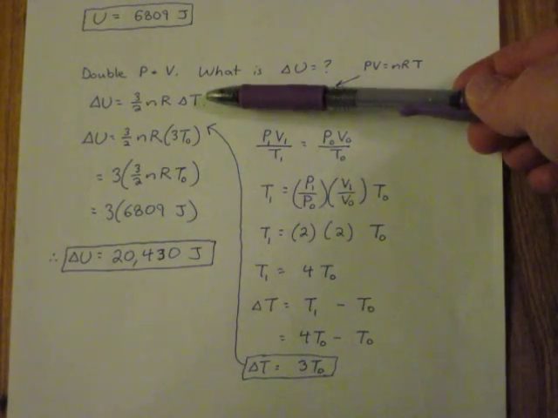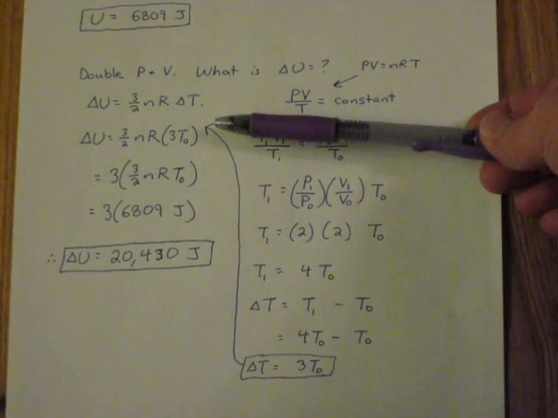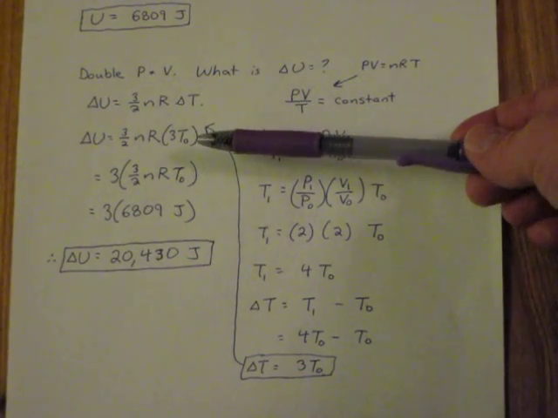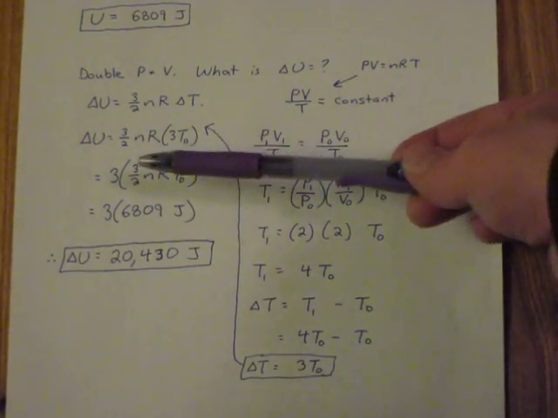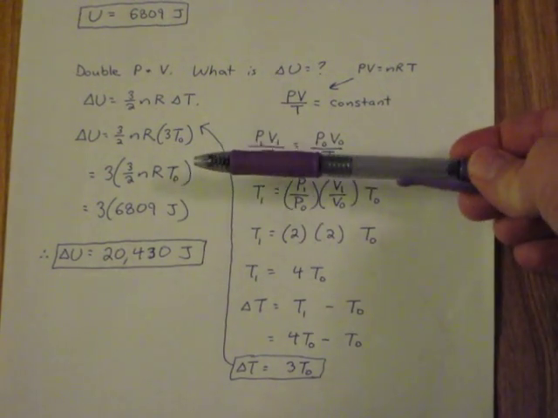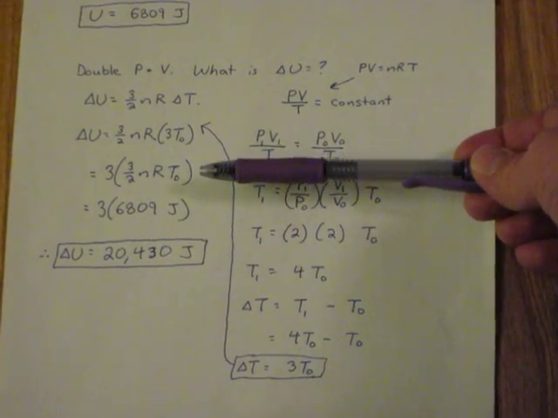In place of delta U equals 3 halves nR delta T, now we can say delta U is 3 halves nR times 3 T0. Let's factor that 3 out to the side, and now we have it's 3 times 3 halves nR T0.